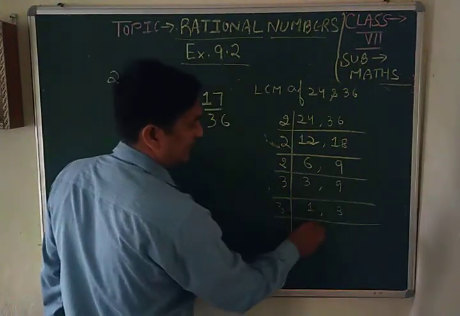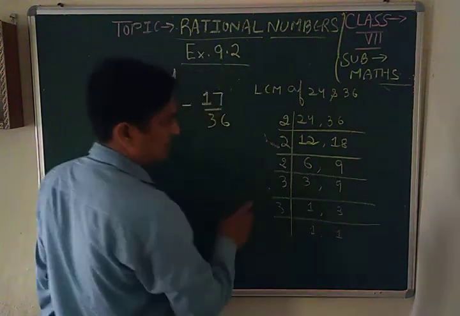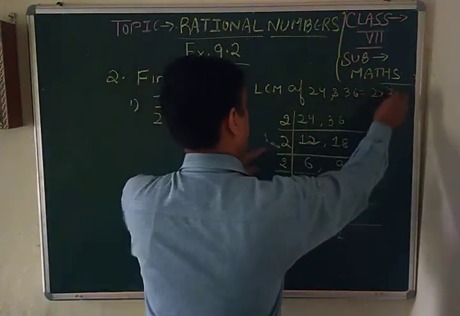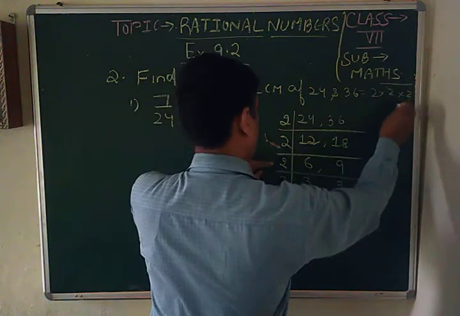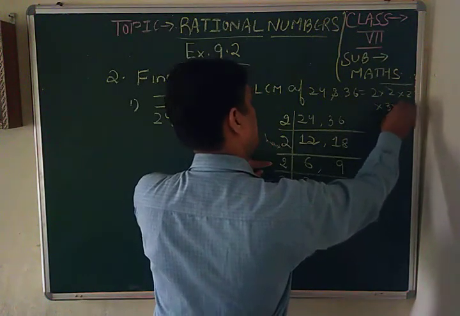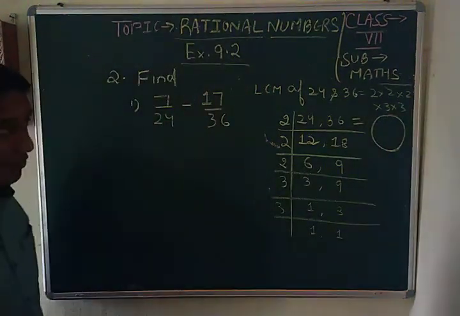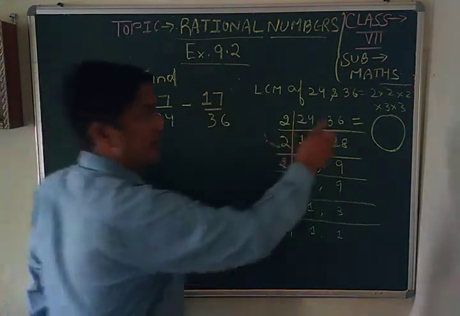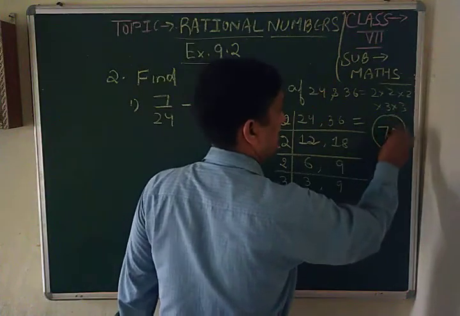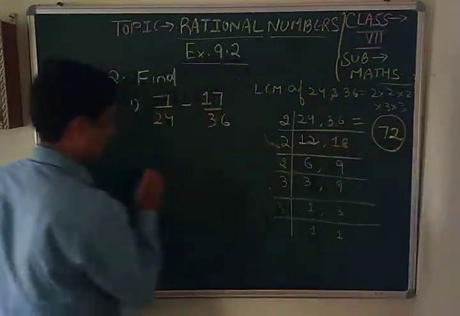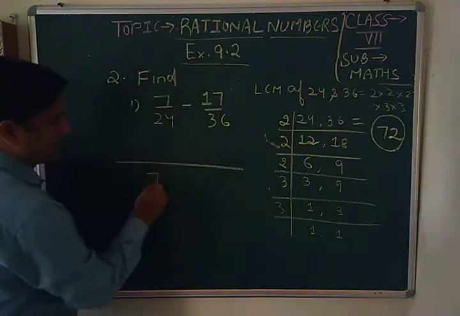Then 1 as it is and 1 3s are 3. So the LCM is 2 into 2 into 2 into 3 into 3. The LCM is 2 2s are 4, 4 2s are 8, 8 9s are 72. So write down this LCM as the denominator, 72.